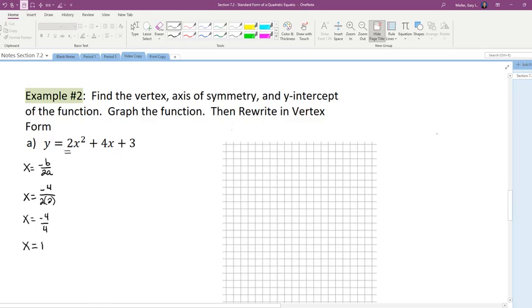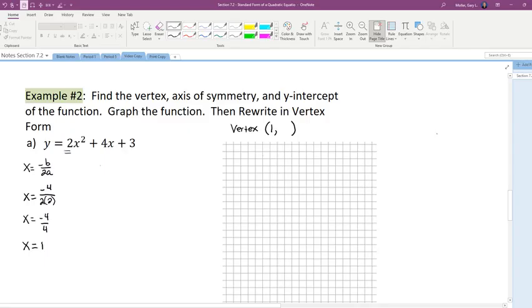So what I have found is that my vertex is at 1 comma something. And if you want to know the y coordinate that goes with any x value, right? So just like a table of values, we've just narrowed down our table of values. I want to know what's happening at 1. I've established this is the vertex. Now let's plug in 1 and see what the y value is.